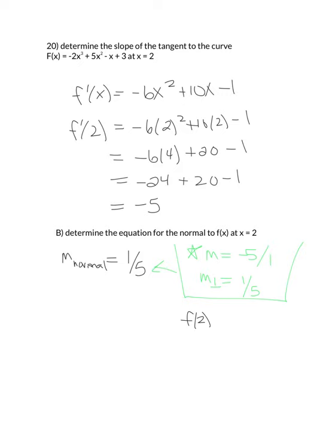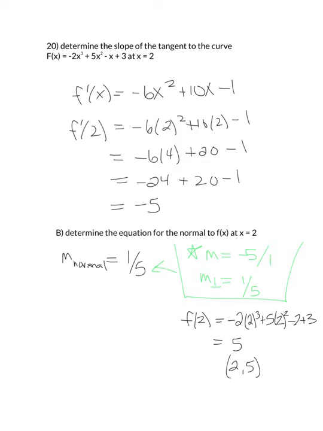I just want to know the point on the original graph where x is equal to 2. So f of 2 is equal to negative 2 times 2 cubed plus 5 times 2 squared minus 2 plus 3. And that's going to be equal to 5. So I know that on the original graph, I have the point (2, 5).